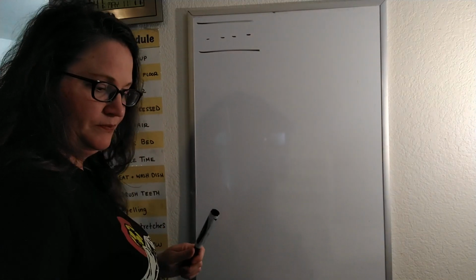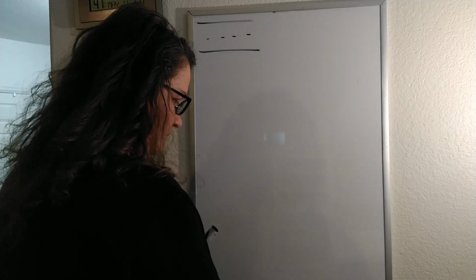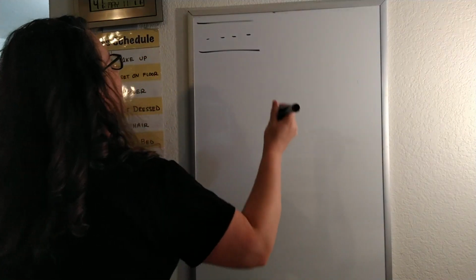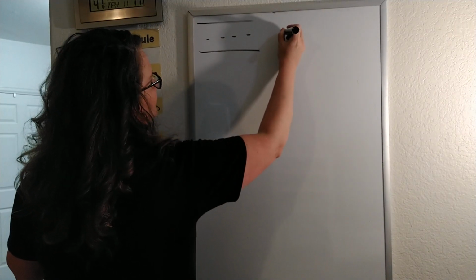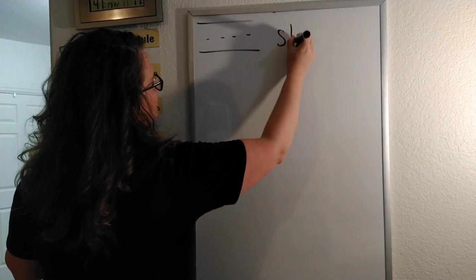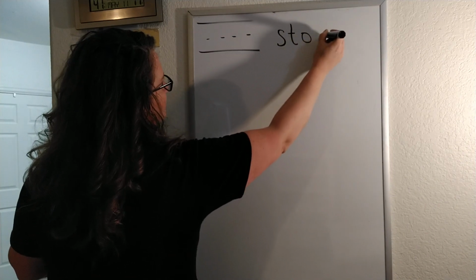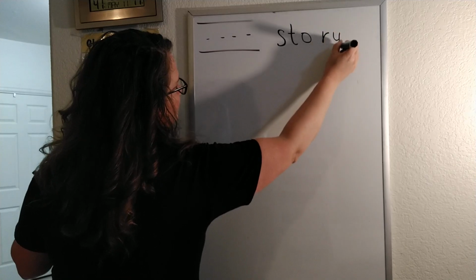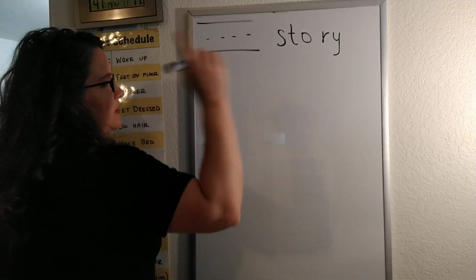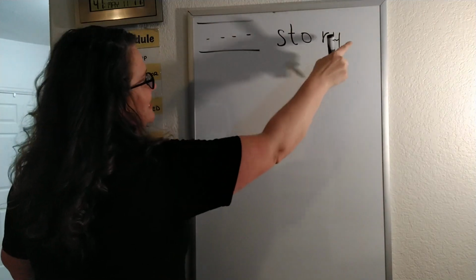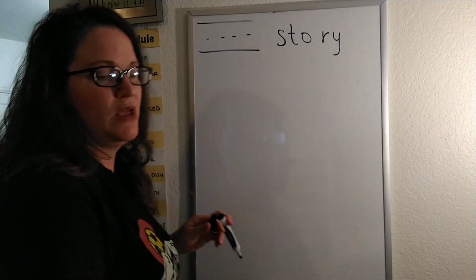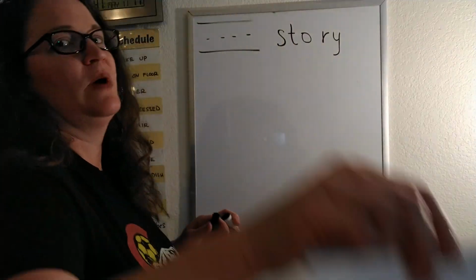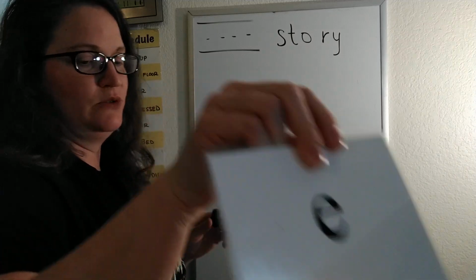Missing the pen. Okay, sound it out for me. Story. Okay, so you thought store-e, which maybe you want your hand to write one of these, but we're not doing these ones.